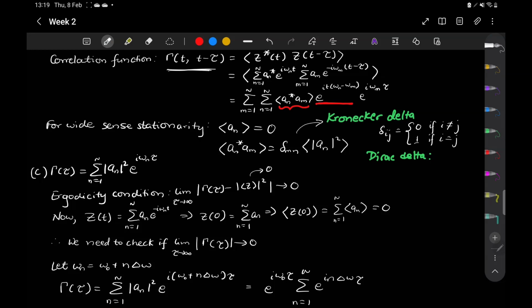Dirac delta function is defined as follows.